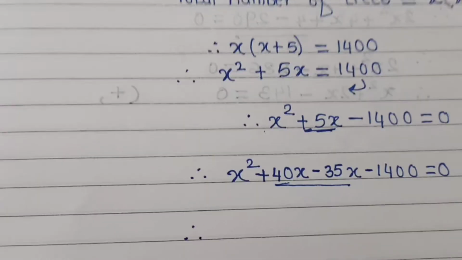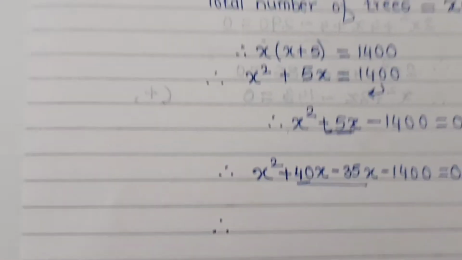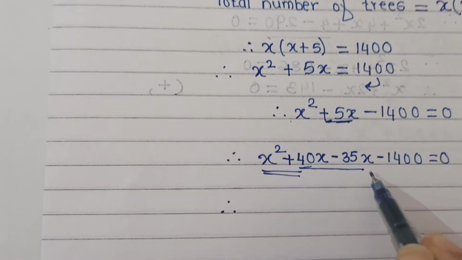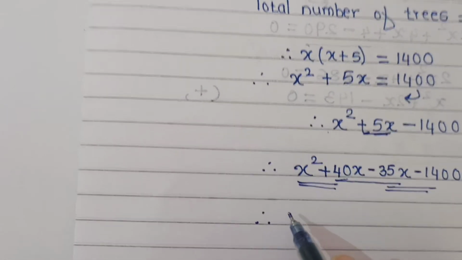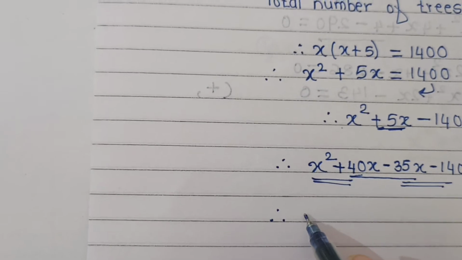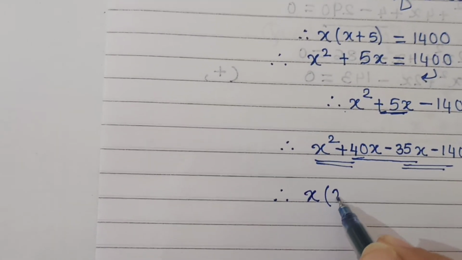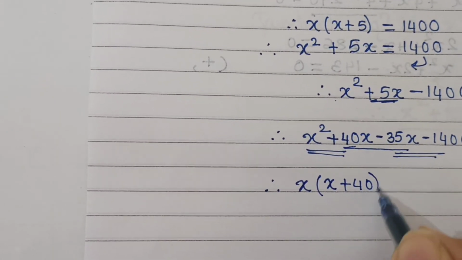Next, now we have to take common between the first two terms and the last two terms. So the common between the first two terms, that is x square plus 40x, is x. What we get in bracket is x plus 40.